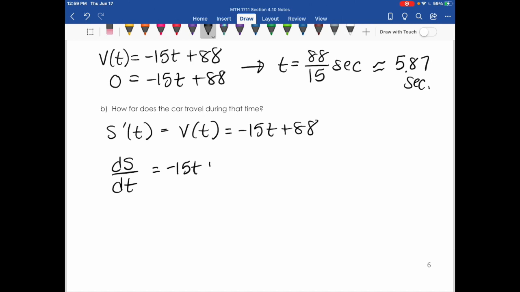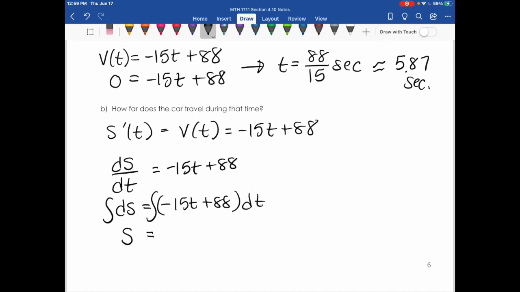So I have that ds dt is equal to negative 15t plus 88. I'm going to multiply both sides by dt, and then I can integrate both sides and find the antiderivative. So that gives me that s, which is our position function, is going to be negative 15t squared over 2 plus 88t plus some constant.